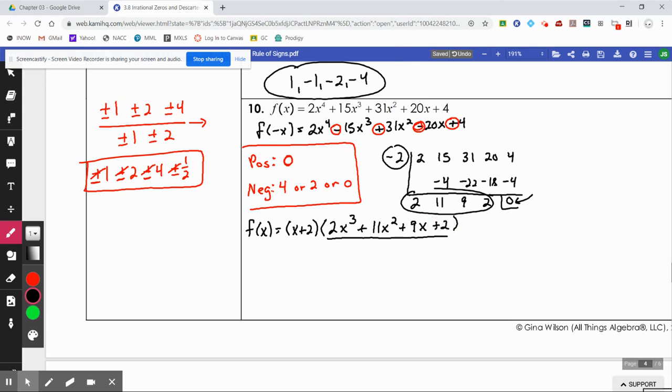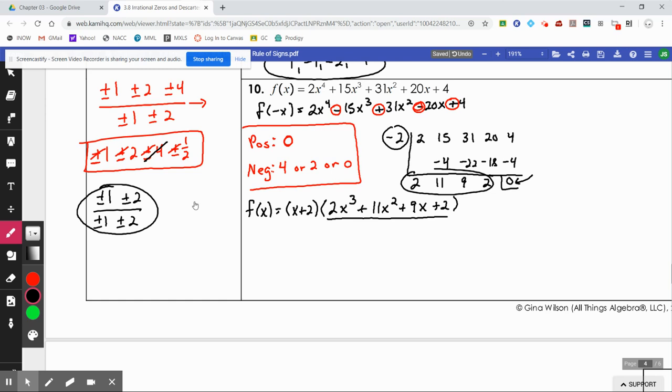So now my possible rational roots will be all the factors of 2 over all the factors of 2. So if you look at now your possible rational roots, you can actually eliminate the -4. You know it's not going to, so it either has to be -1, -2, or -1/2. So let's try a different one next.